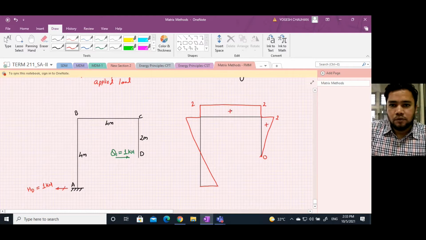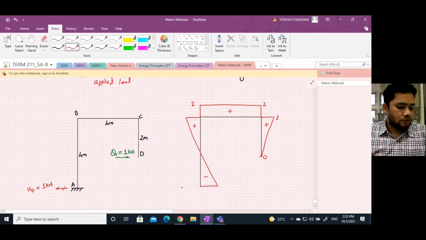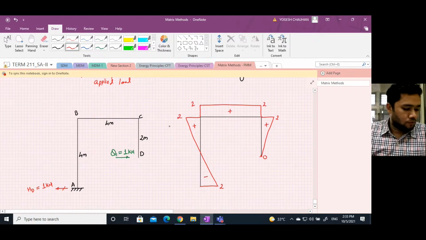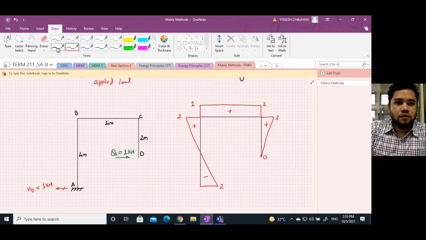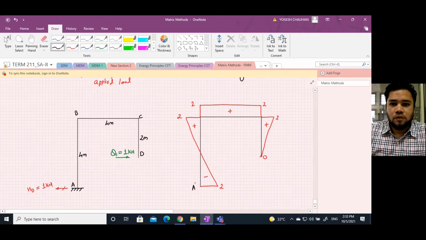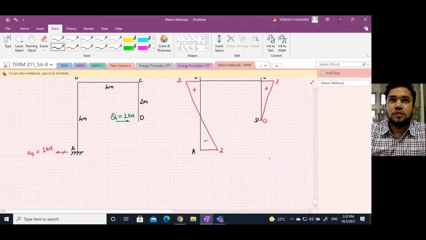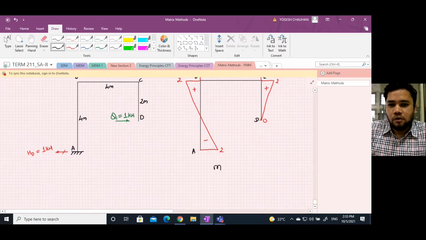This is full, this is full. This is A point, B, C, and D. So this we call as small m1 diagram.